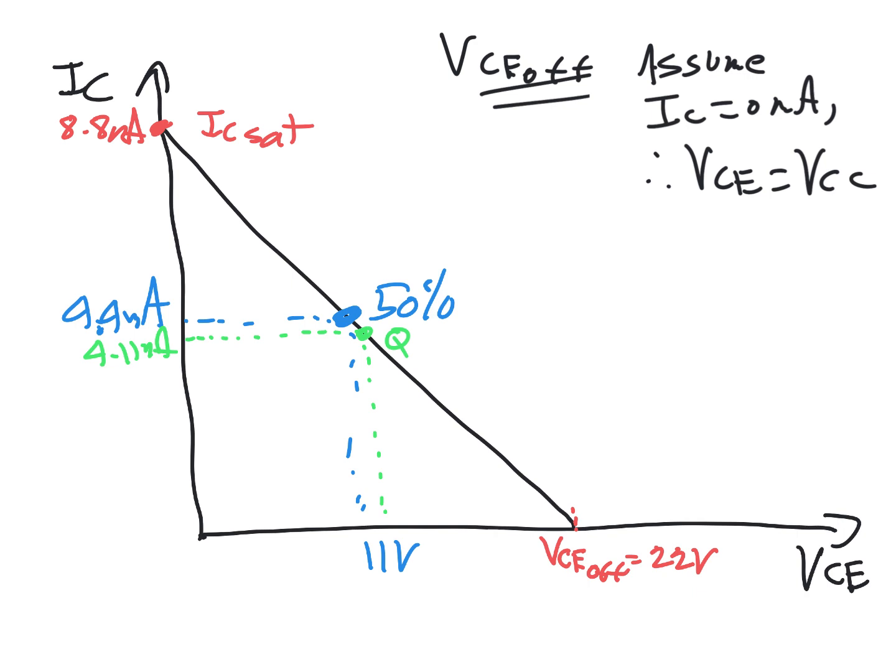The actual collector to emitter voltage, which I didn't write down, just recalculated again. So A2 minus answer minus, oops.